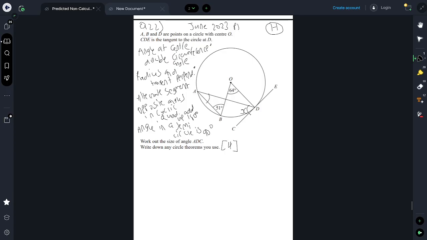How that works is, if we have two different radii here, one radius OB, and another radius OD, and they both go up to meet at the same point on the circumference here at A, the angle at the circumference can be half the angle at the center. So because of that, this has to be 32.